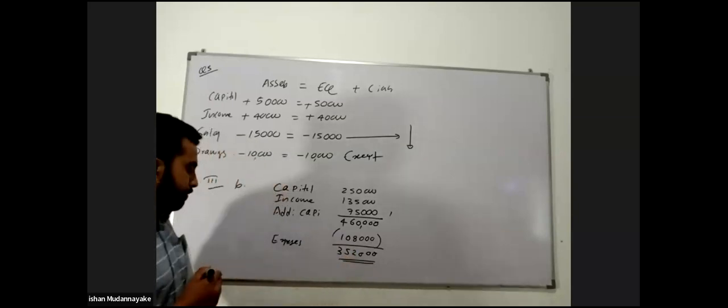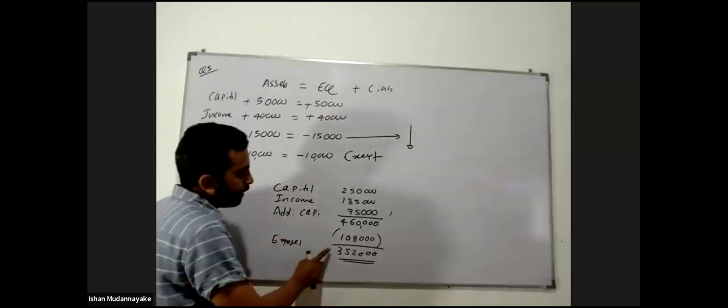Expenses how much? 108,000. $352,000. Yes, 352,000. Equity as of 31st December 2017, 352,000. 352,000 closing equity of the business.